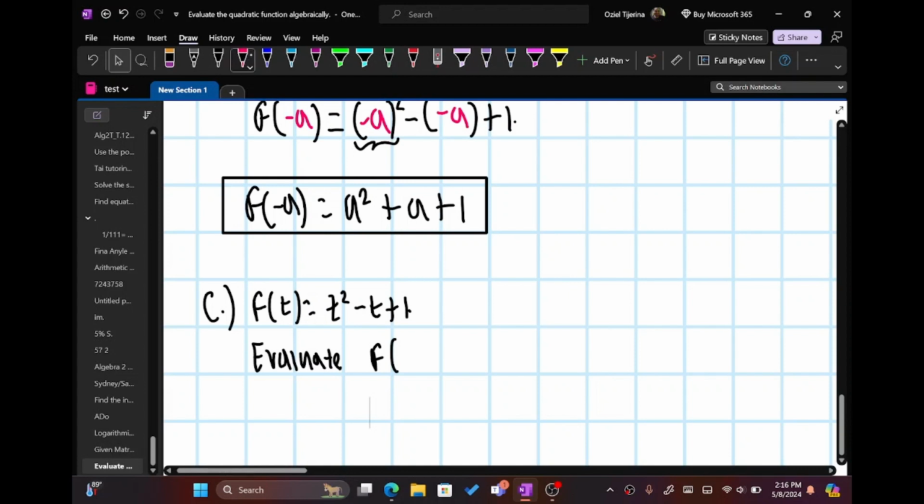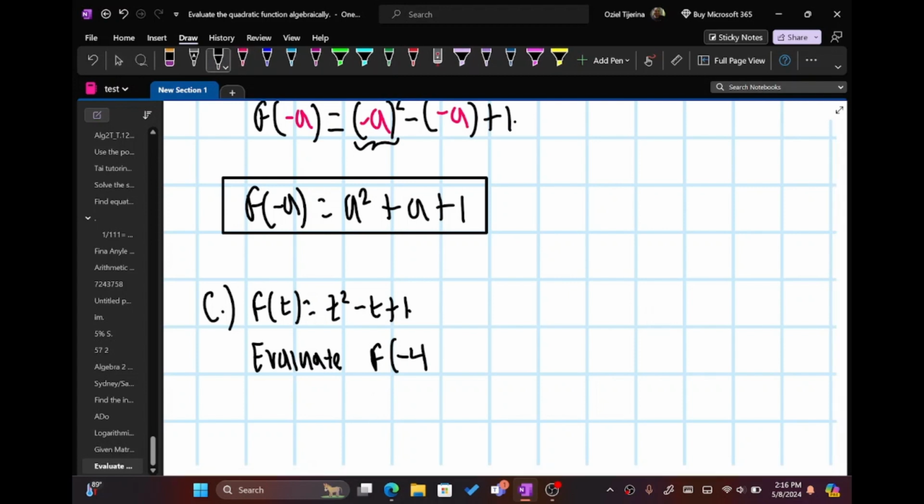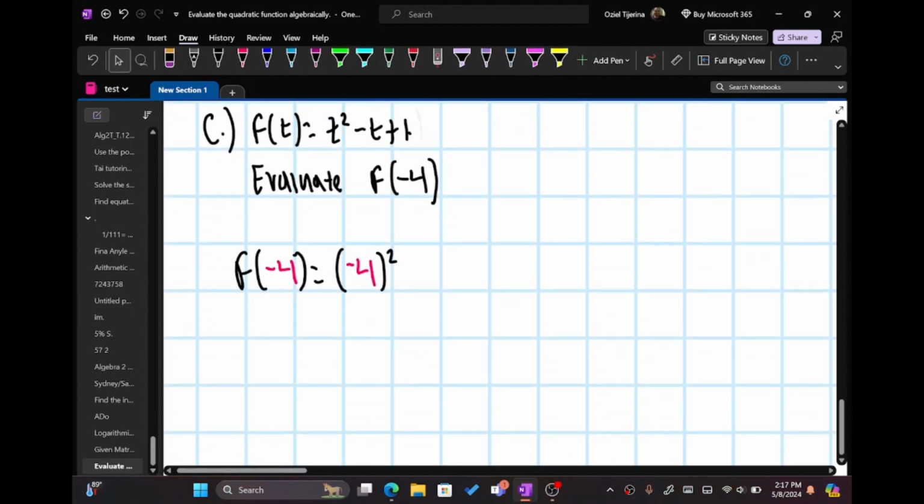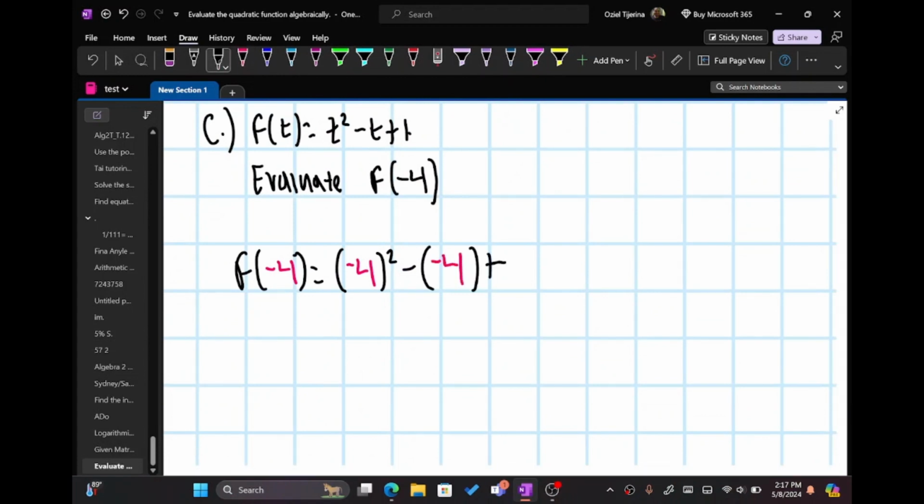So let's put this in. f of negative 4 is equal to the quantity negative 4 squared, minus the quantity negative 4, plus 1.